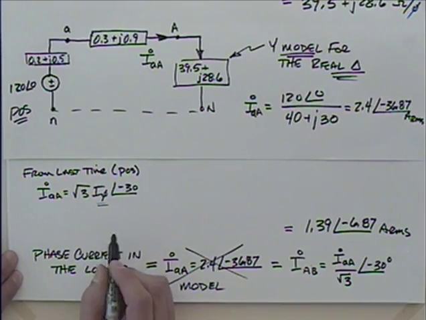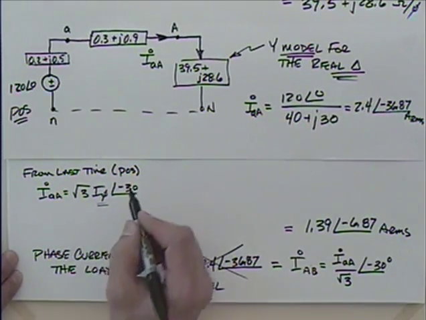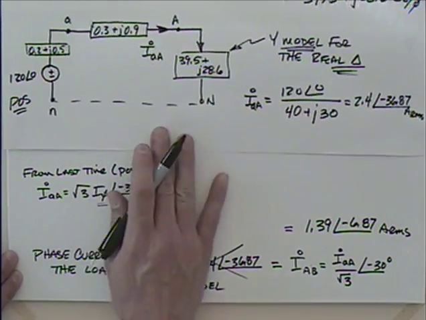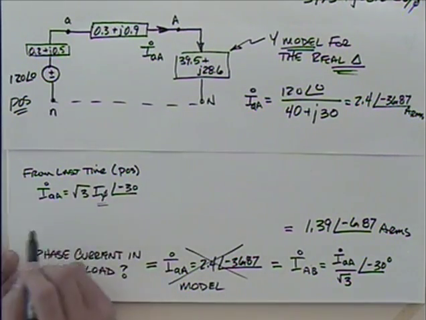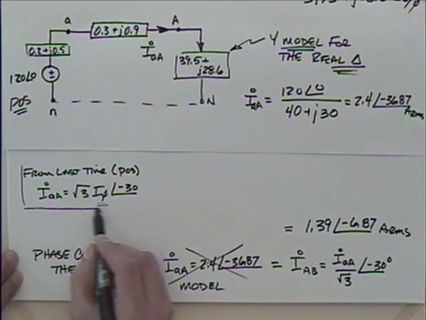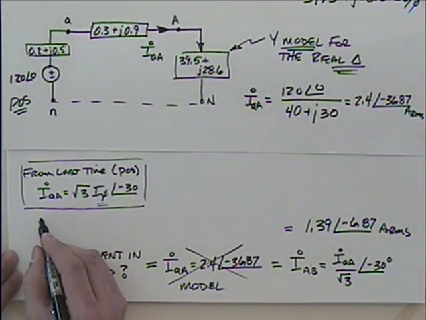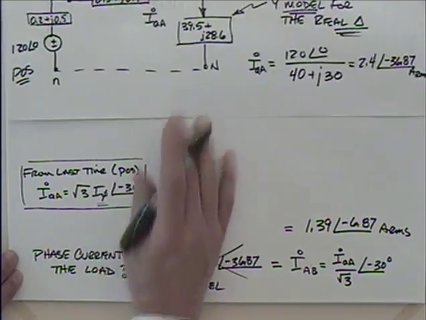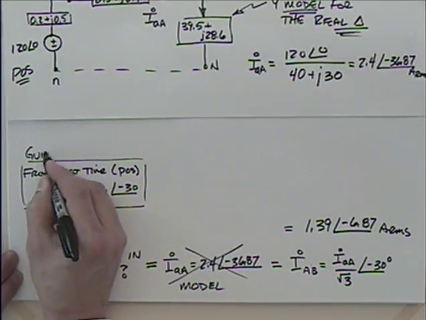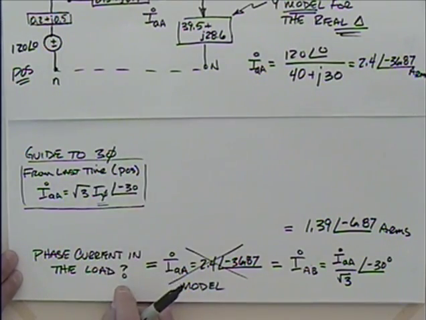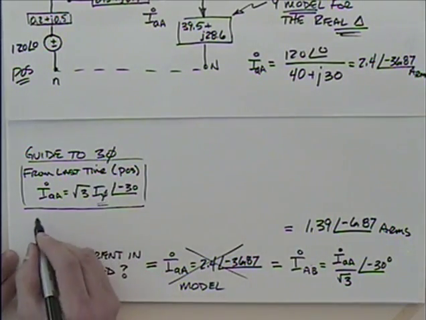Yeah, okay. So this is from the last lecture. Didn't I have an example that was something like this in the last lecture? Okay. So, yeah, that was our guide to three-phase. So if I want to solve for I phi, what's that going to be?